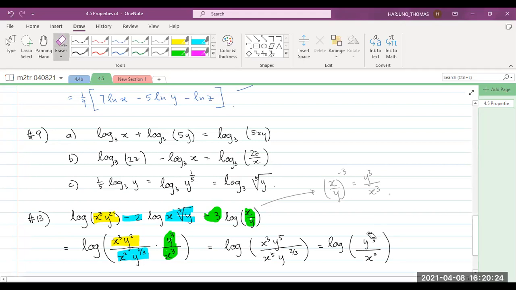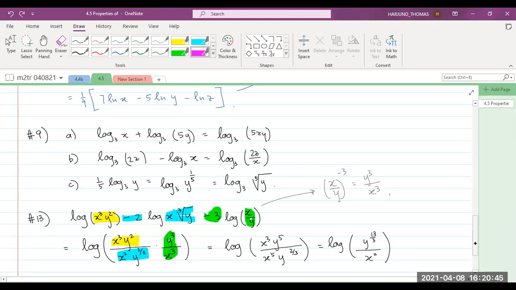So this will be 13 over 3. I guess what happened earlier, I multiplied these two even though they are different bases. Okay, that's for number 13.